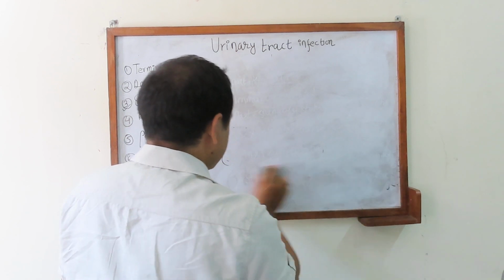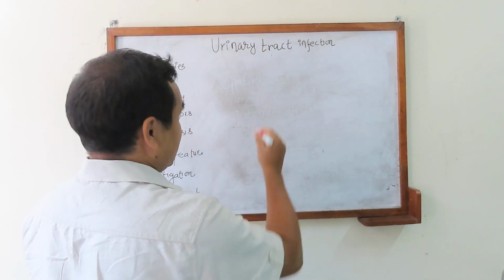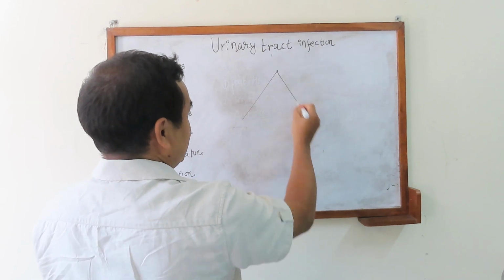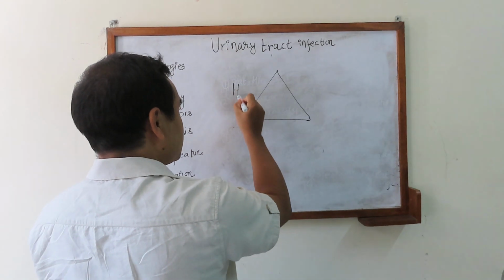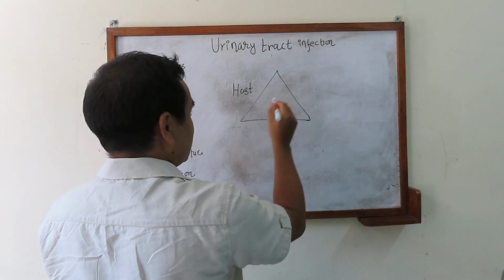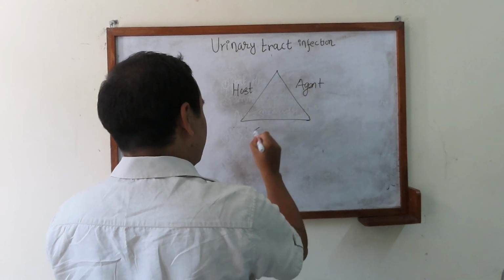It's a bit complicated, but let us define the pathogenesis as per the epidemiological triad. In epidemiology, there is something called host, there is something called agent, and there is something called environment.